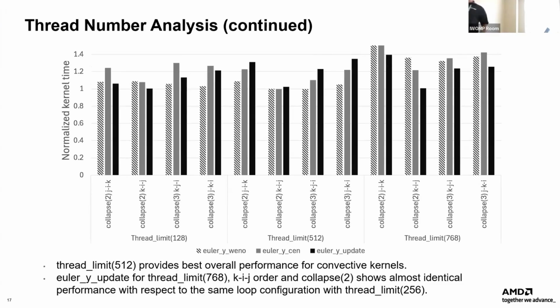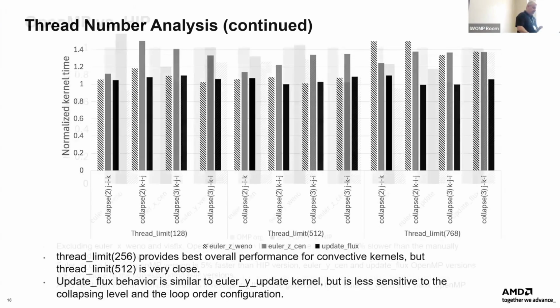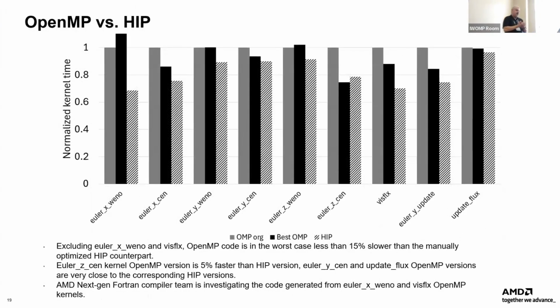With 512, it seems that you can get enough vector registers used and enough load on the system so that you can compensate for latency without causing too much spill, because you need to move out of the vector registers back to memory and swap back and forth, which is the case if you use more than 768 of those threads. All right. And then, the central question that I wanted an answer for is, do you have to use HIP in this application?